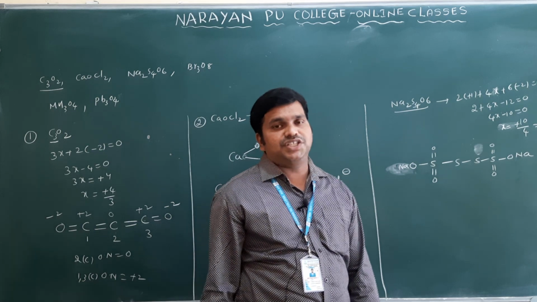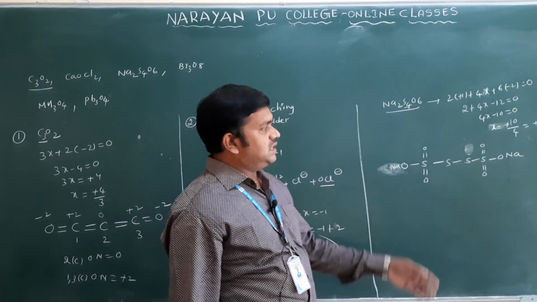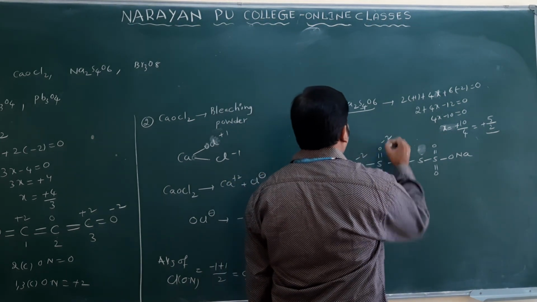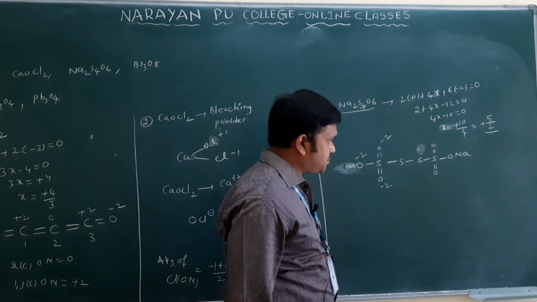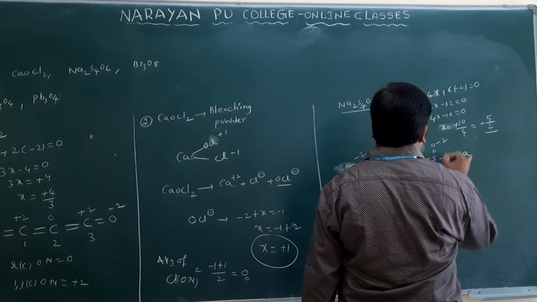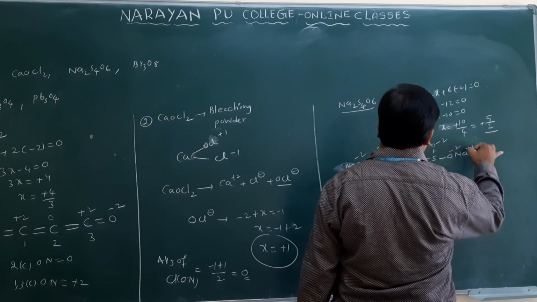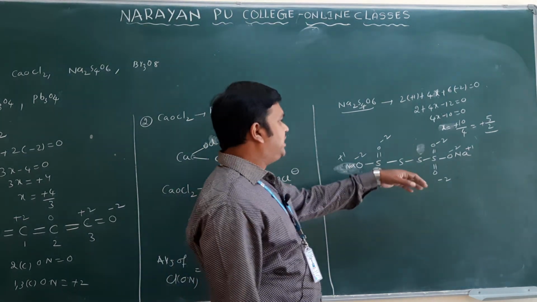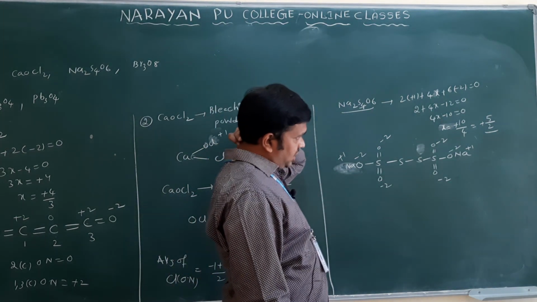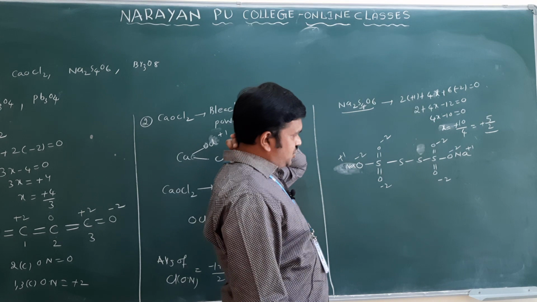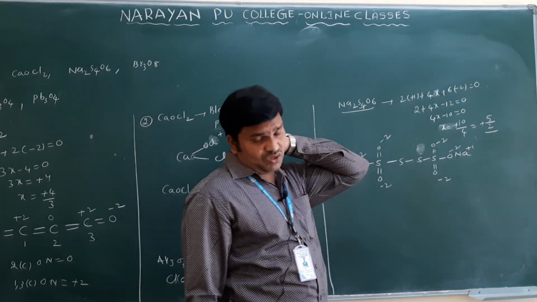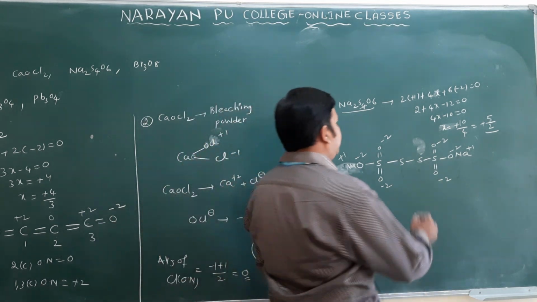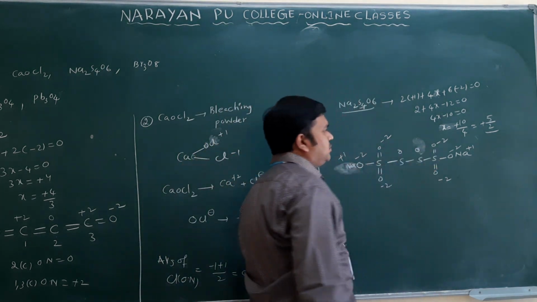Let us write the oxidation number of all the elements in this molecule. You can see each oxygen is a normal oxide, -2, and sodium is +1. For the middle sulfur atoms, this sulfur gets 0, this sulfur gets 0 oxidation state.